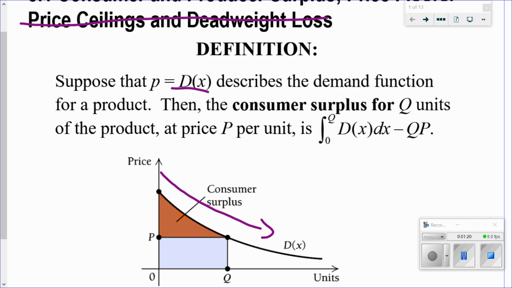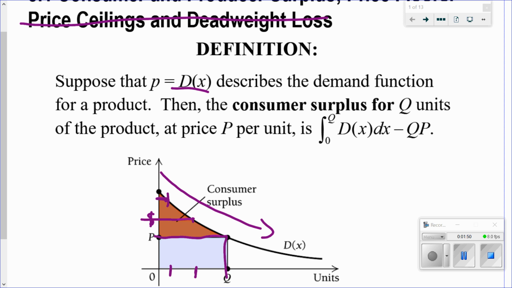Okay, the idea of consumer surplus is that at this quantity, I was willing to pay whatever this price is. But this gray box down here actually represents the quantity sold and the price that they were all sold at.